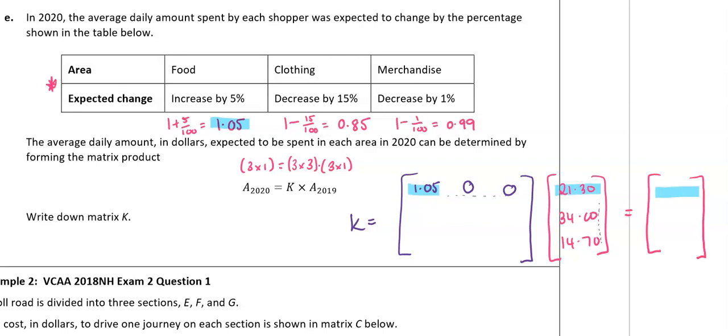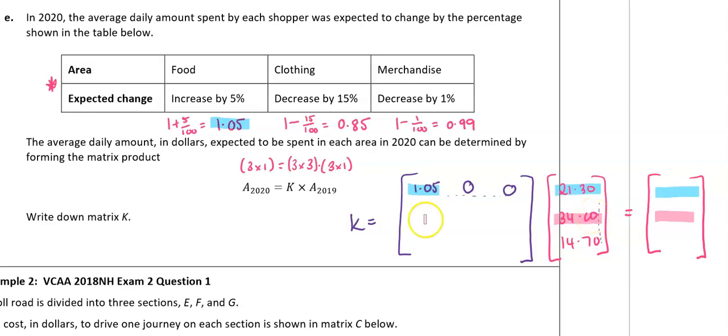So if I think about it with the second one, the element here in row 2, column 1, I'm now working with row 2, column 2. I only want to adjust the $34 that is here in the second row.